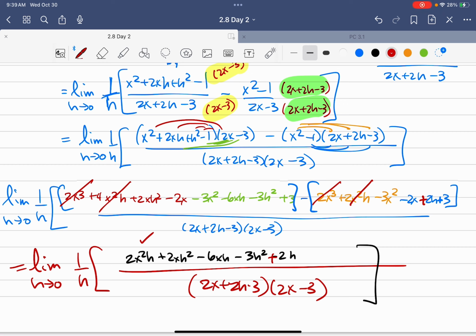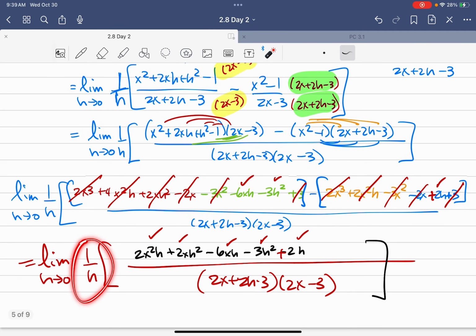And then 2xh squared is right here. And then the minus 2x and the minus 2x cancel out. The minus 3x squared and the minus 3x squared cancel out. So then this would be left, this would be left, and the 3's cancel out, and this would be left.